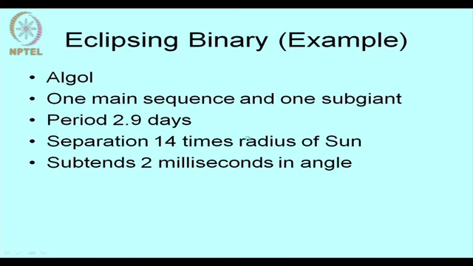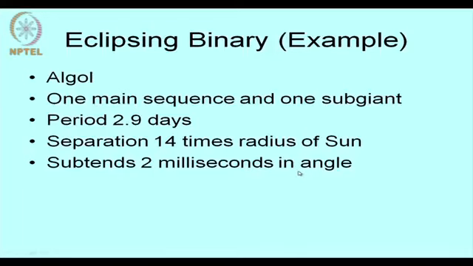So, it is an extremely tight orbit, just 14 times the radius of our sun, and the two stars in this binary system subtend 2 milliarcseconds in angle.